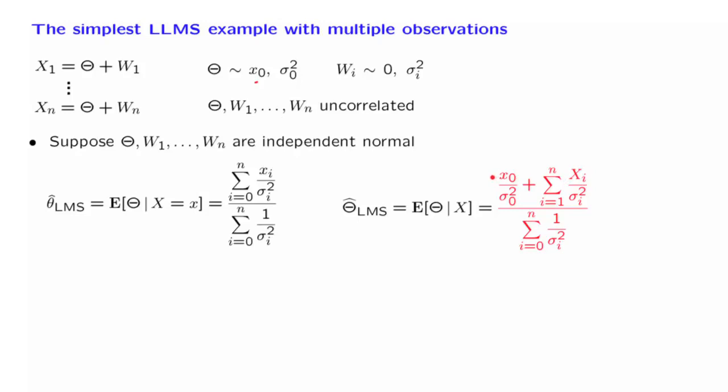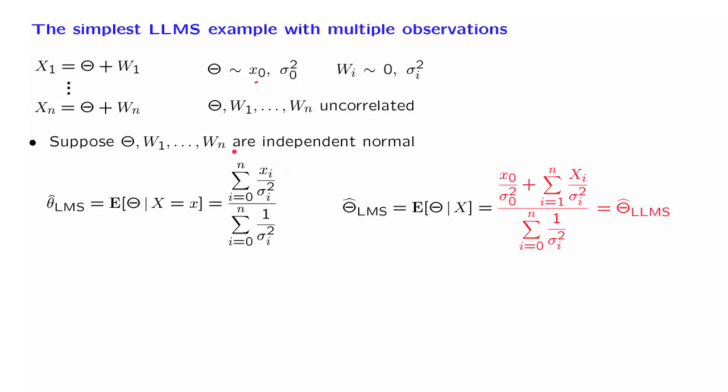On the other hand, this x0 is actually the prior mean of theta, so this is a constant, it's not random, and that's why we keep it with a lowercase notation. Now, what is interesting about this form? It is a linear function of the observations. And as we have discussed earlier, if it turns out that the conditional expectation is linear in the observations, then this is also the best possible linear estimator.